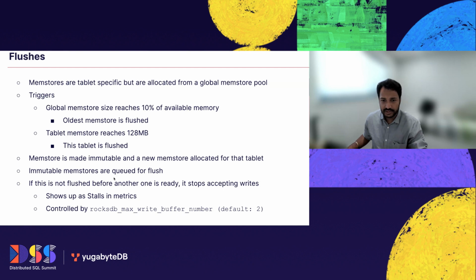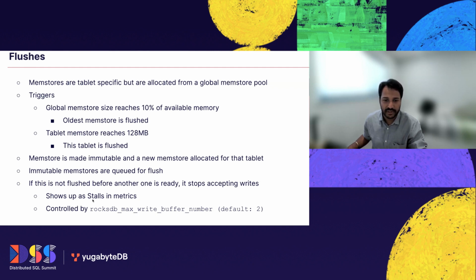If this memstore is queued, but let's say it's not flushed for whatever reason, and another one is ready, now you have two memstores that are waiting to be flushed. At that point, the system just stops accepting writes because we cannot just keep on ingesting data before we can flush the old ones.